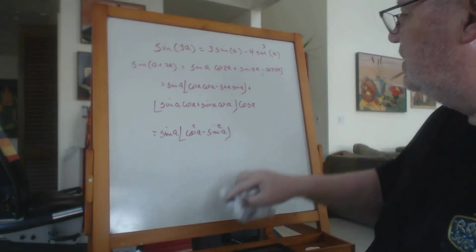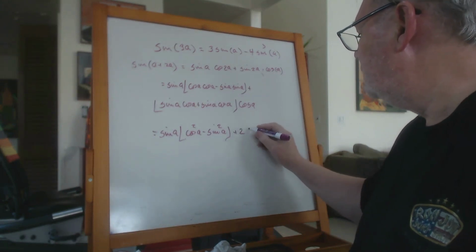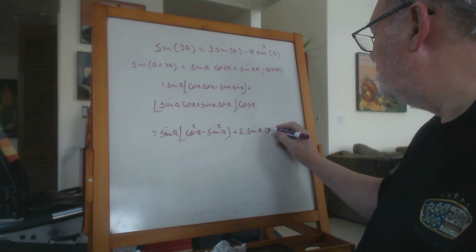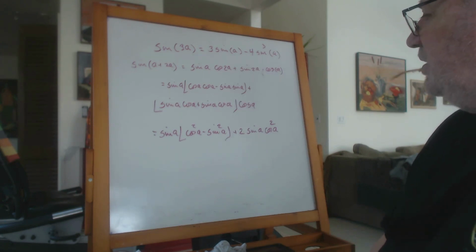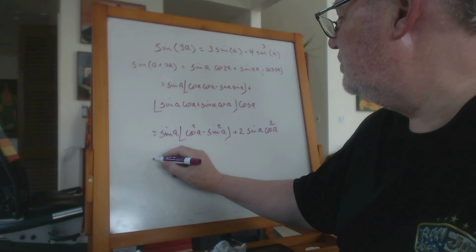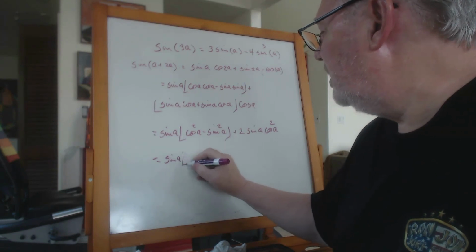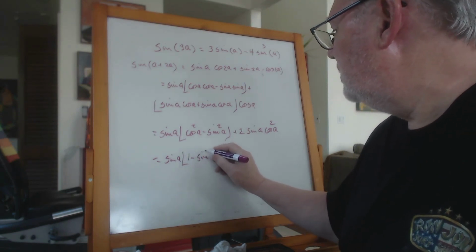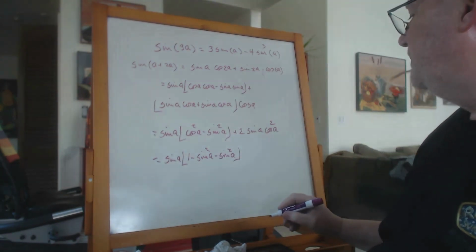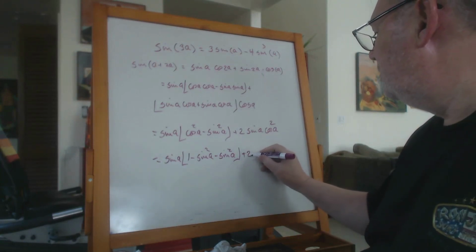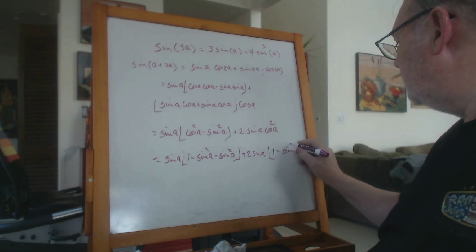This is basically 2 sine A cosine A plus 2 sine A cos A, but that's multiplied by cos A, that's cos squared A. And so that is equal to sine A times 1 minus sine squared A minus sine squared A plus 2 sine A times 1 minus sine squared A.